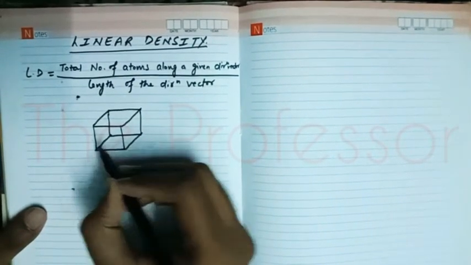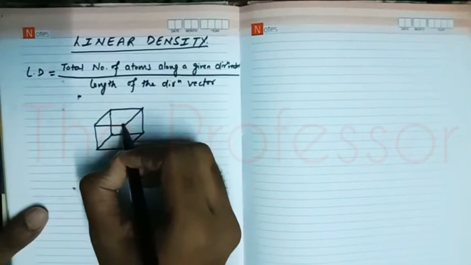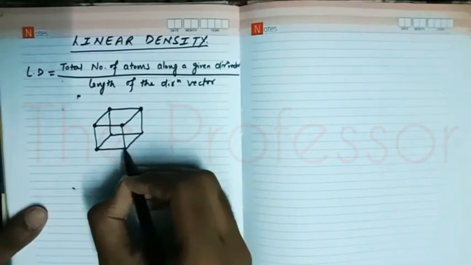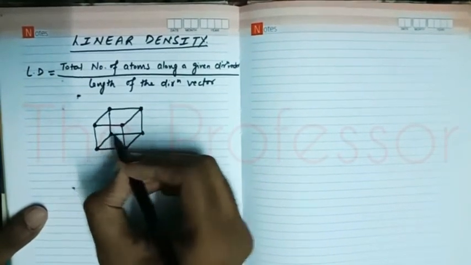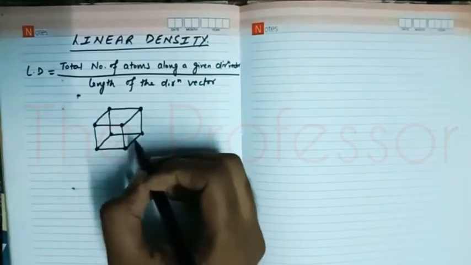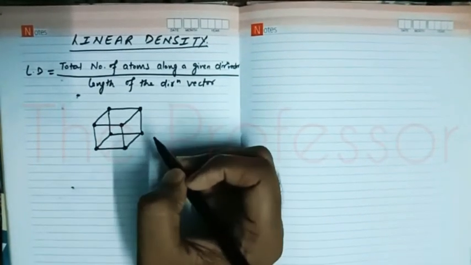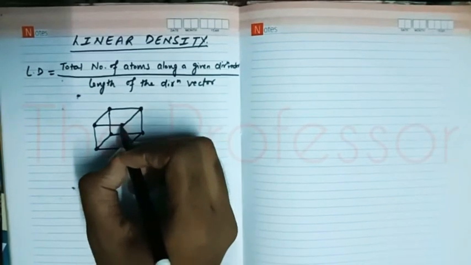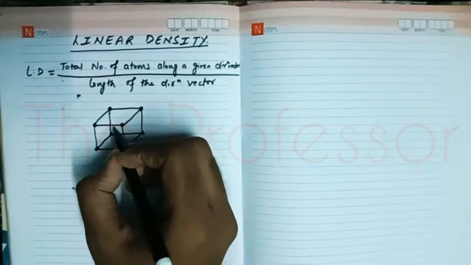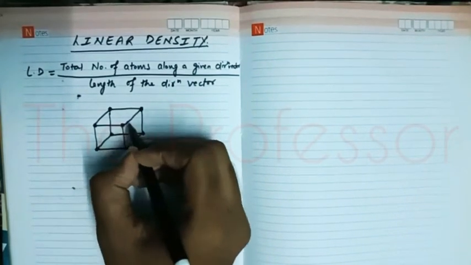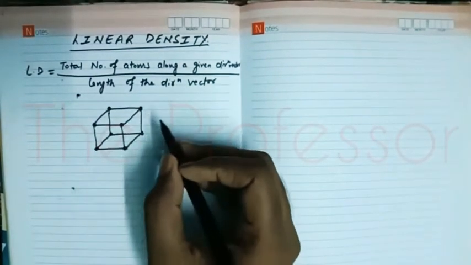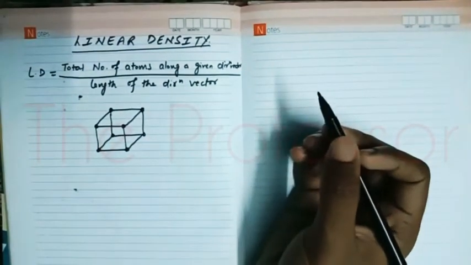Earlier, we had atoms at each of the 8 corners, right? So while calculating the number of collective atoms present inside the unit cell, we used to calculate the volume of atom which was present inside the unit cell at one particular corner, and then multiply it with the total number of corners.